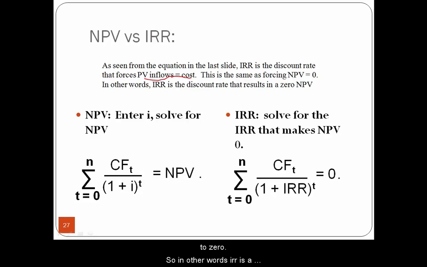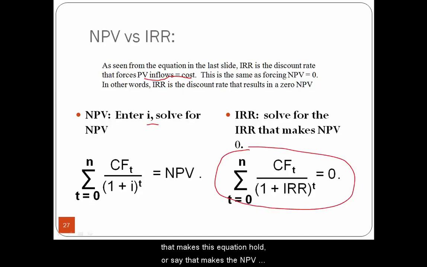So in other words, IRR is a discount rate that results in a 0 NPV. When we calculate NPV, we enter a specific discount rate and we solve for the dollar value NPV. When we try to calculate the IRR, we solve for the IRR that makes this equation hold, or say that makes NPV 0.